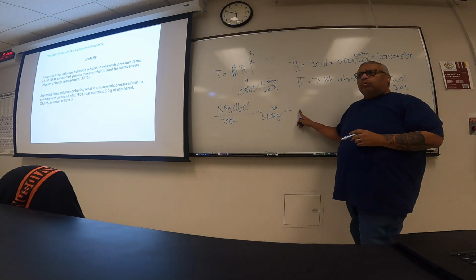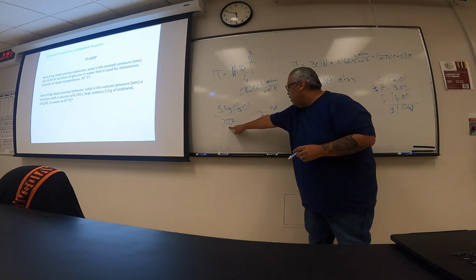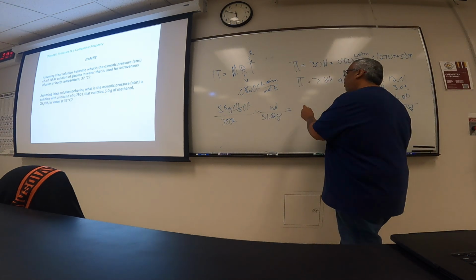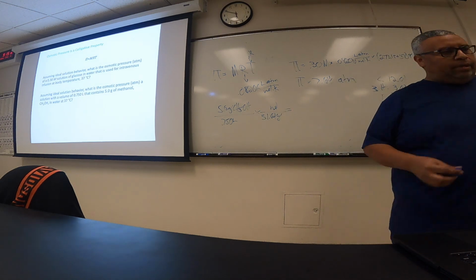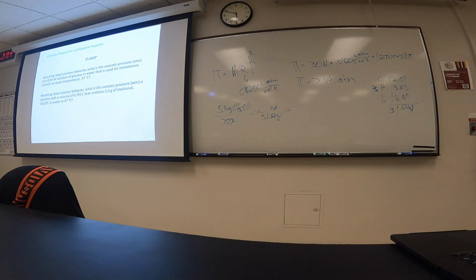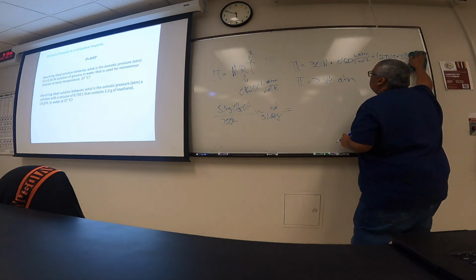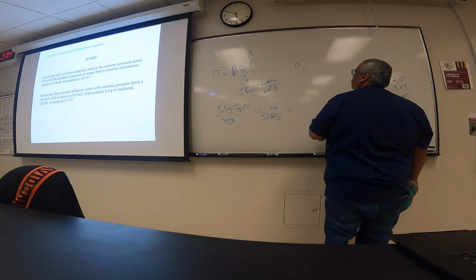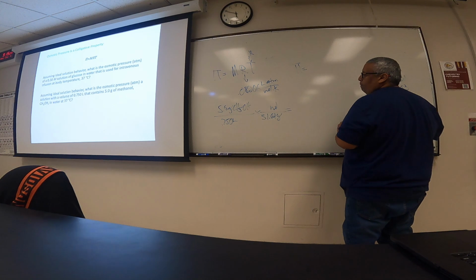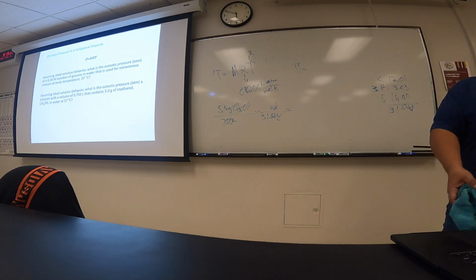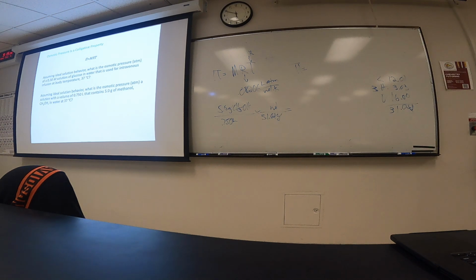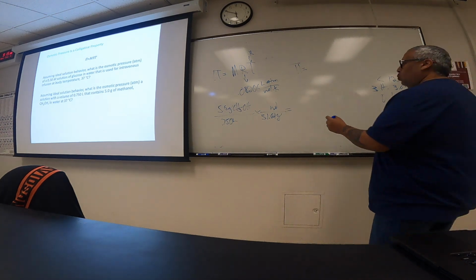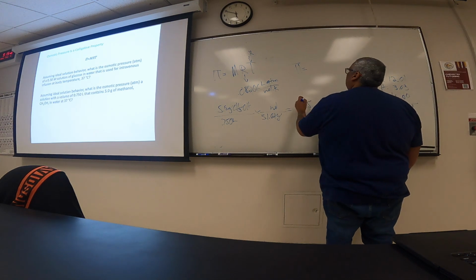So now we know what the molarity is. Let's do 5 divided by 0.75 divided by 31.04. And what's our molarity there? 0.215.